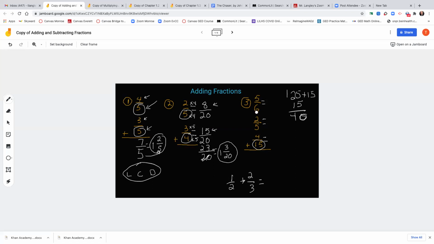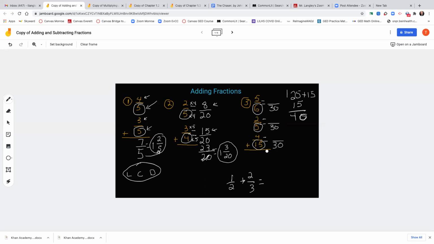Yes. Does 6 go into it cleanly? No. So I double 15 to 30. Now I just happen to know that is going to be my LCD, because 5 goes into 30 and 6 goes into 30. There is my lowest common denominator right there. All 3 of these denominators, 5, 6, and 30, all go into it cleanly.